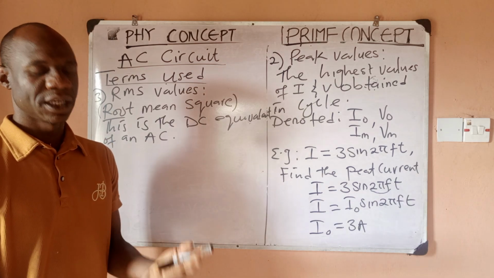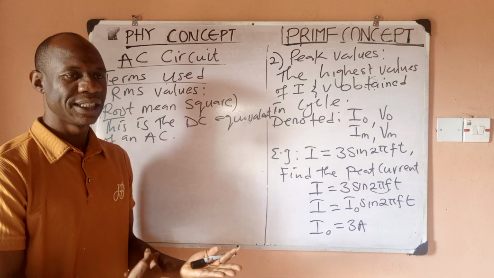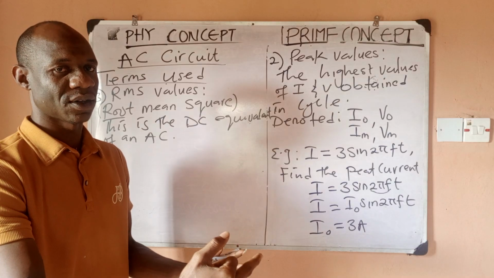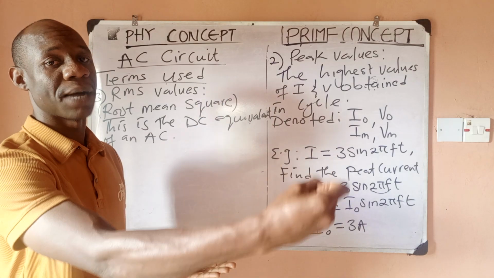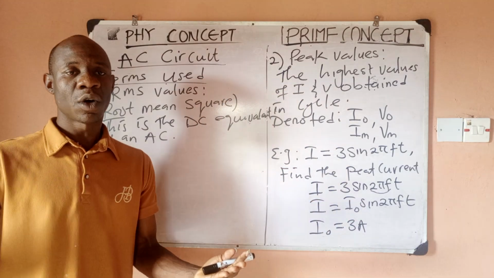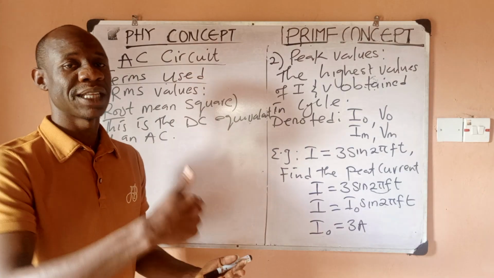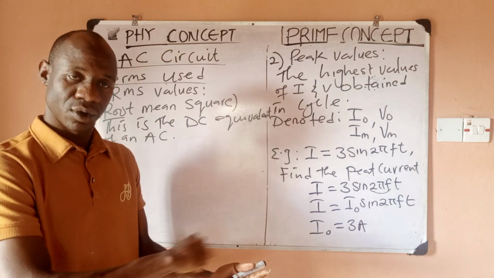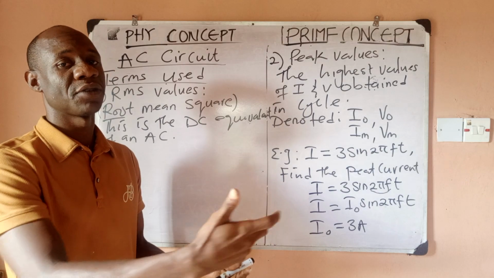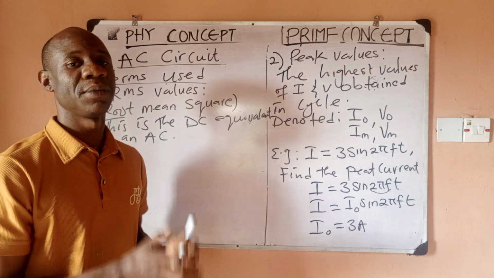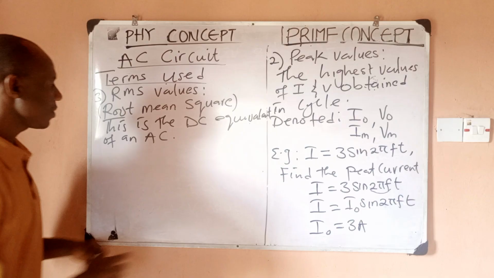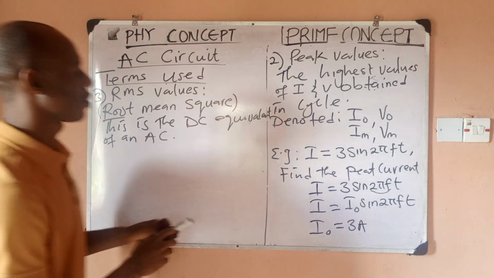Now, say you have a resistor, you allow a DC to flow through that resistor, it generates a certain amount of heat. Now, what will be the equivalent AC that would flow to generate the same amount of heat? That equivalent that would flow through the same resistor to produce the same amount of heat is what we call the RMS value of that AC. So that is what RMS actually is.